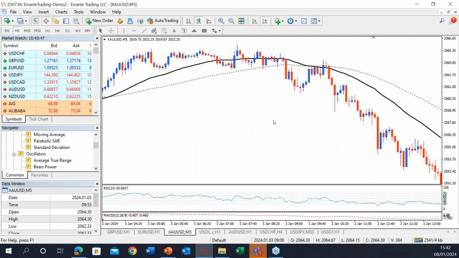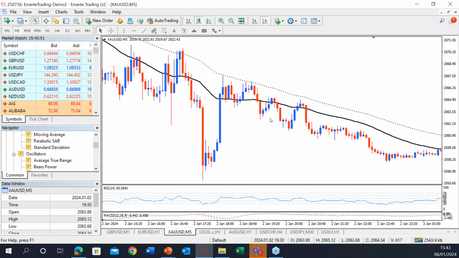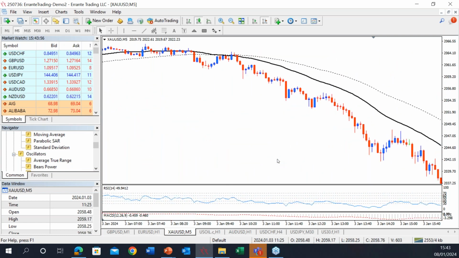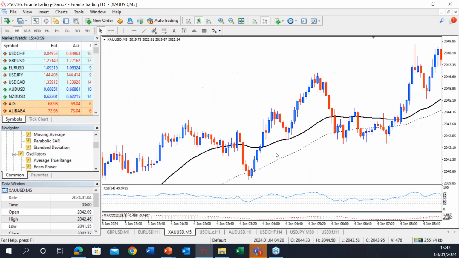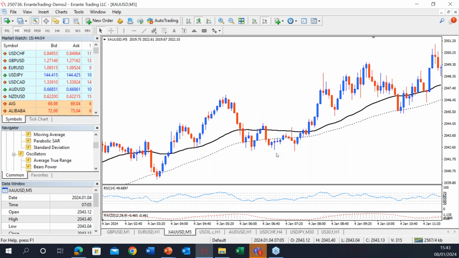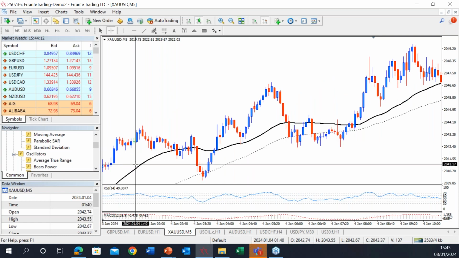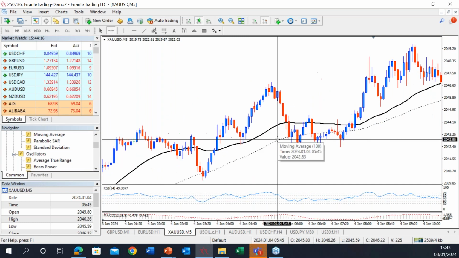For example, during a reversal, we were looking for a reversal pattern. Yeah, let's say something like this. For example, guys, you see here, we have a long uptrend in a 5-minute chart, okay?